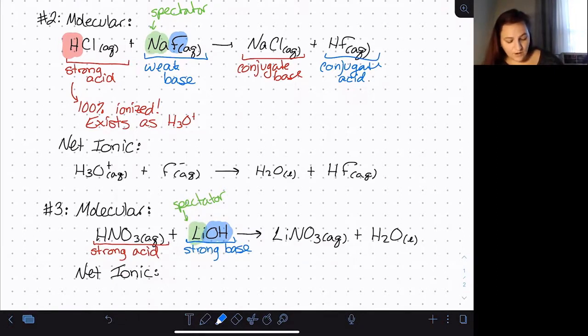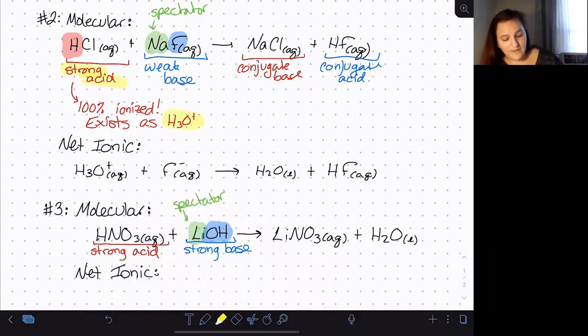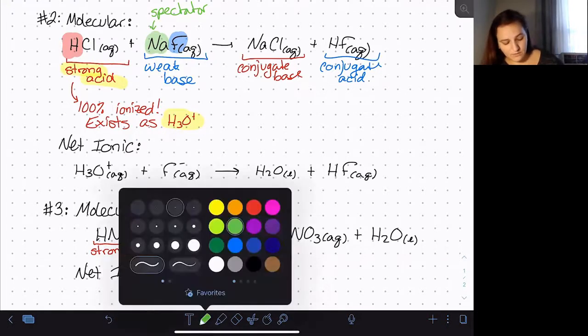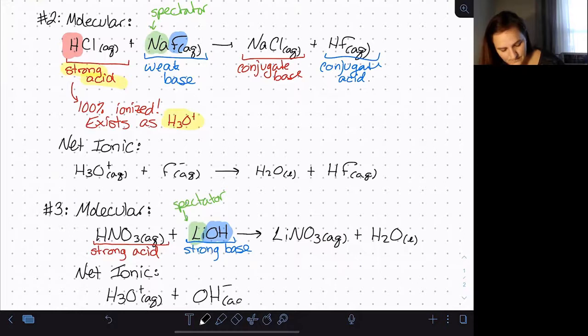And then for our strong acid, we need to recognize that this is the same situation we dealt with up here, that it truly exists as H3O+. So in our net ionic equation, we'll represent the nitric acid as H3O+, since that is what is actually present in the solution. And the hydroxide as our base, with the lithium being omitted since it is a spectator.